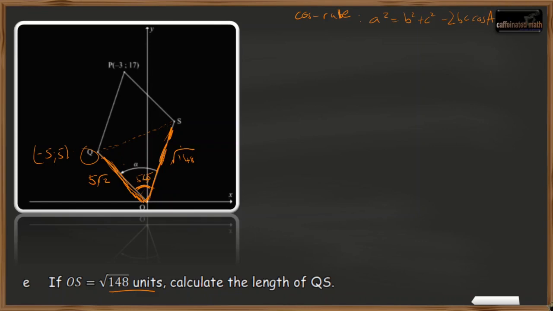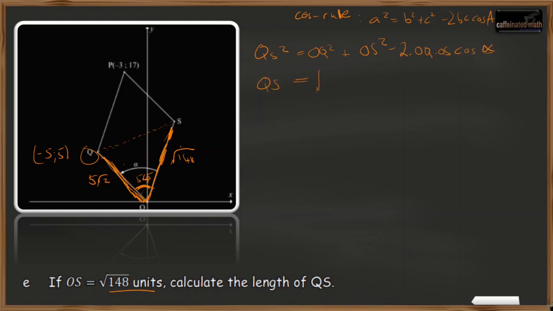So let's get going, because QS is what they want, sitting right in the correct place. So it's going to be QS squared being equal to OQ squared plus OS squared minus 2 times OQ times OS times the cosine of, well, alpha. Now it's just a question of substituting.